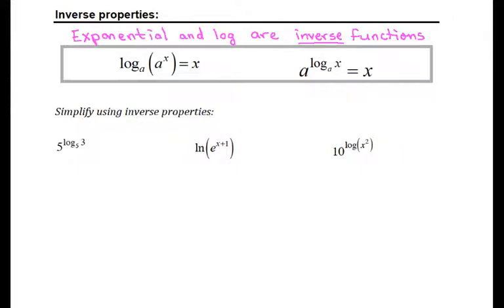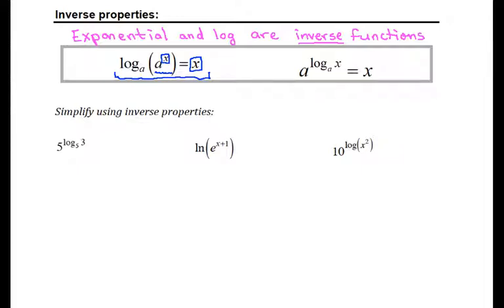Now recall from the definition of inverse functions that the way they work is if I start with x and I apply a function and then its inverse, I should get back x. In the first example, I am applying an exponential function first, and then I am applying a log function to the result of the exponential function.